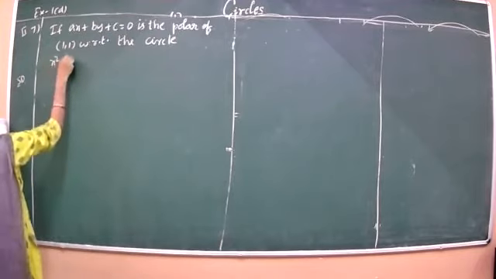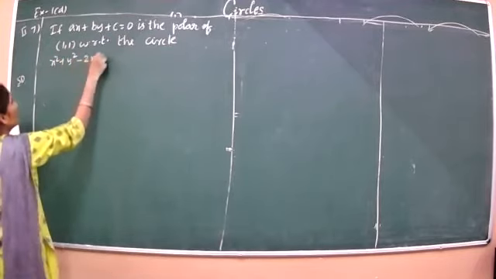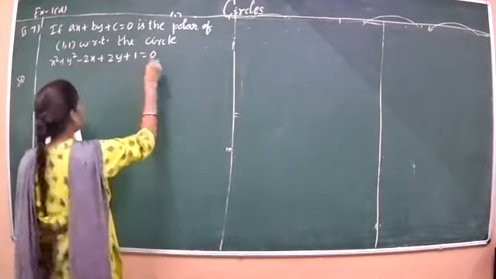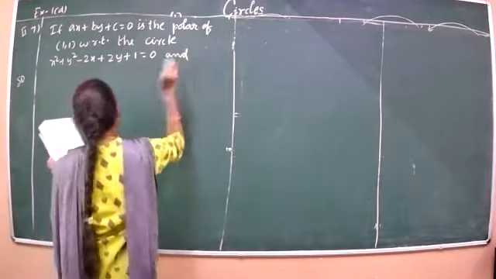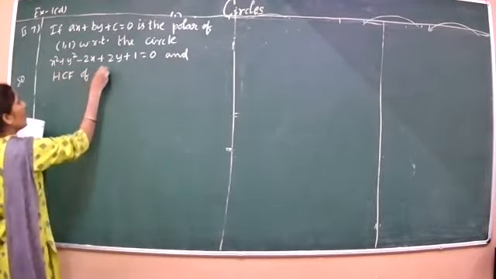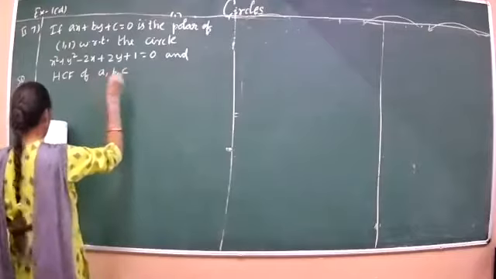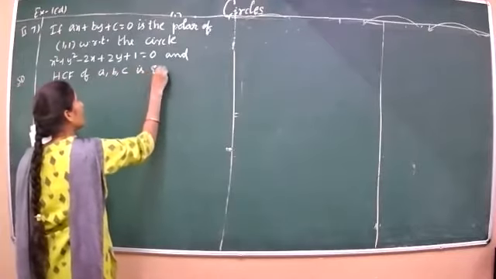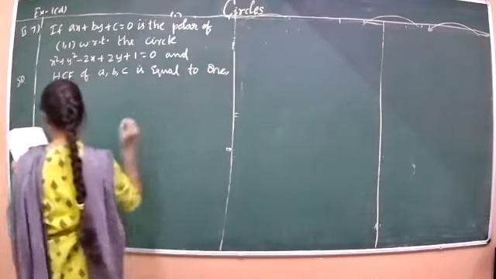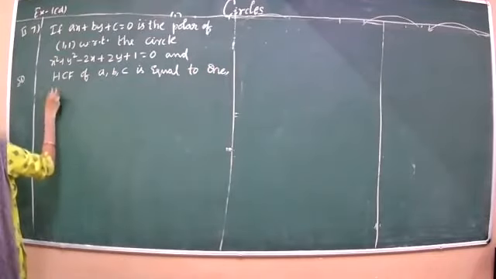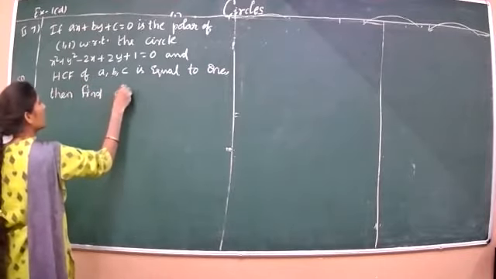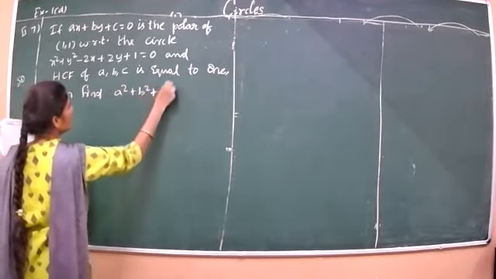X square plus y square minus 2x plus 2y plus 1 equal to 0, and HCF of a, b, c is equal to 1. Then find a square plus b square plus c square.